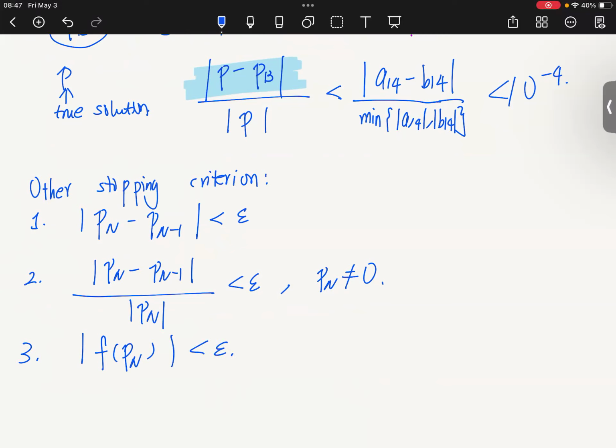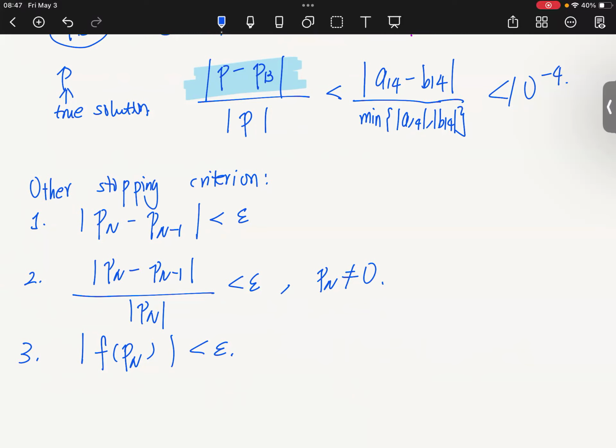If you compare these three stopping criteria, the left-hand side here is easy to calculate because you just need to subtract two numbers. But this one is the best stopping criterion because you can see how much difference there is from f(x) equals 0.